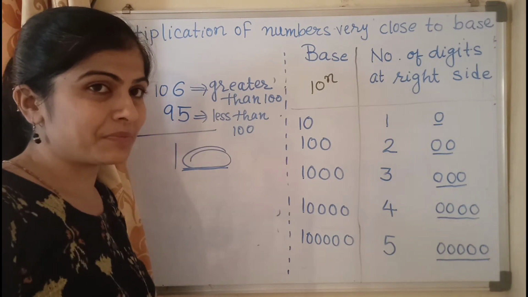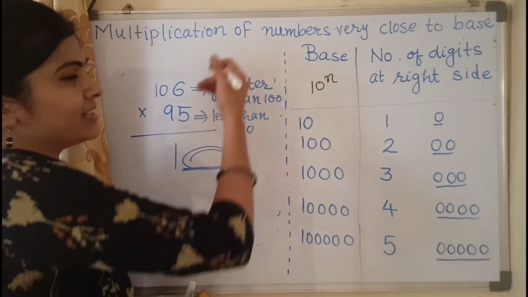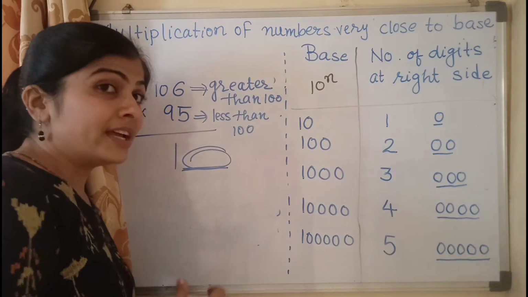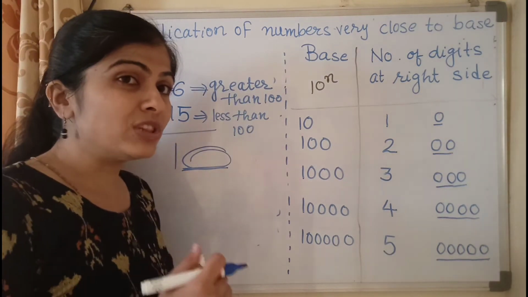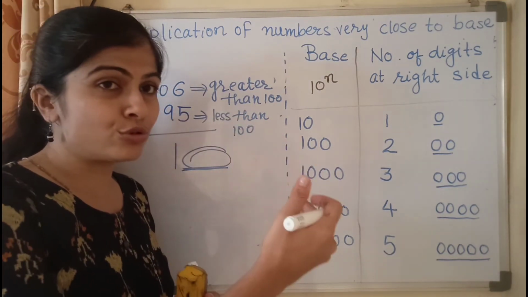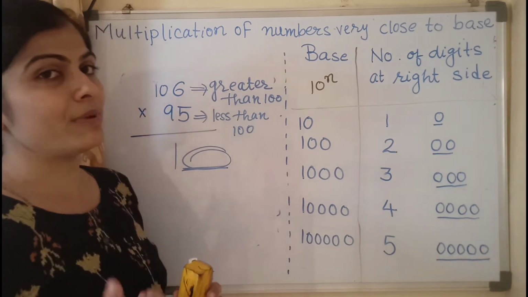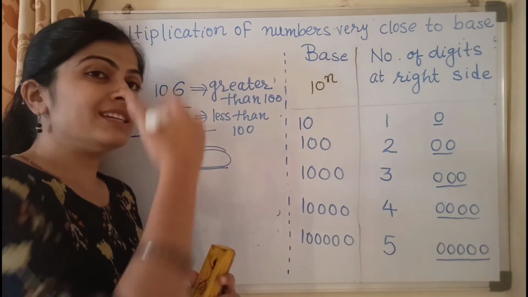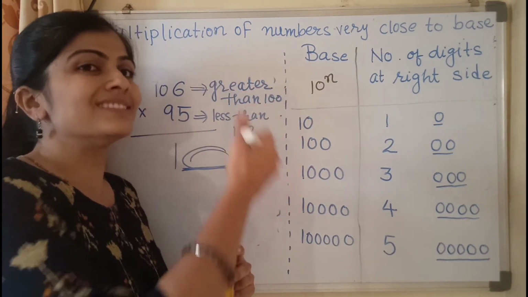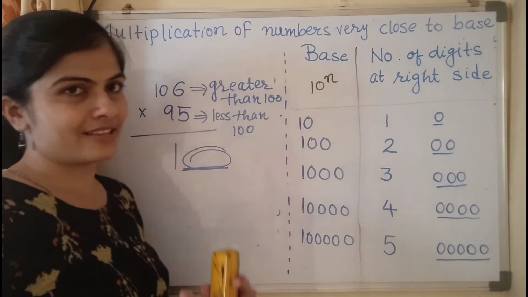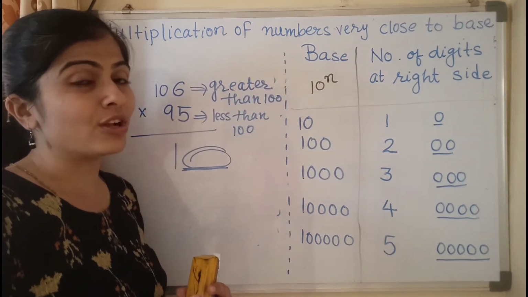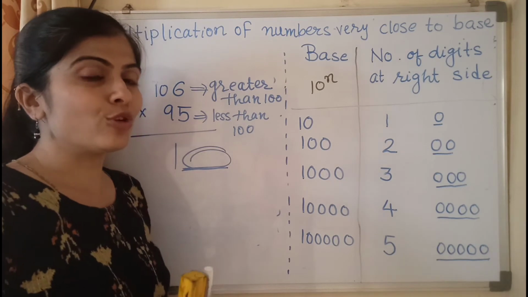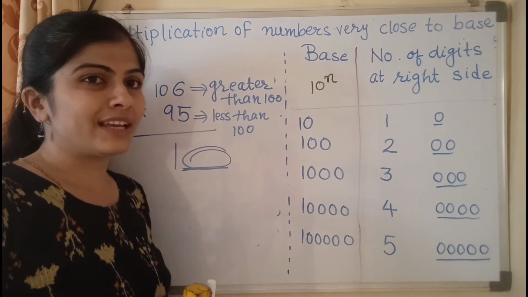How to do this multiplication? In these cases, one is greater and another is lesser. There are various cases. If both the numbers are above the base, then how to do it? If both the numbers are below the base, then how to do it? If one is above the base, or greater than the base, and one is less than the base, then how to solve the questions? So we are going to consider different cases.